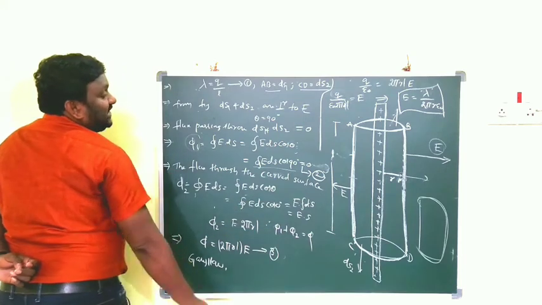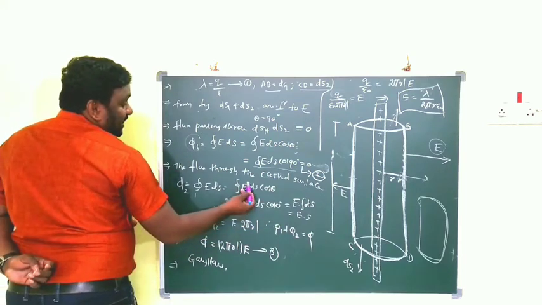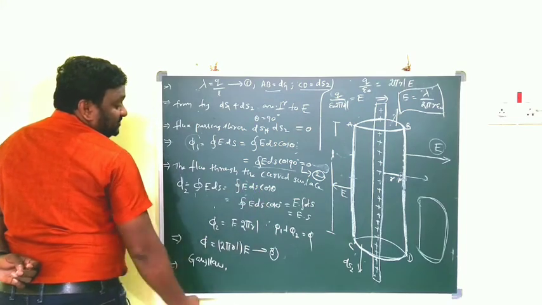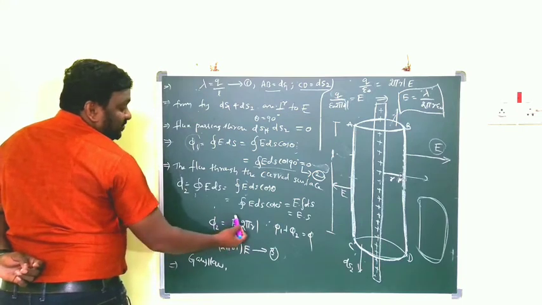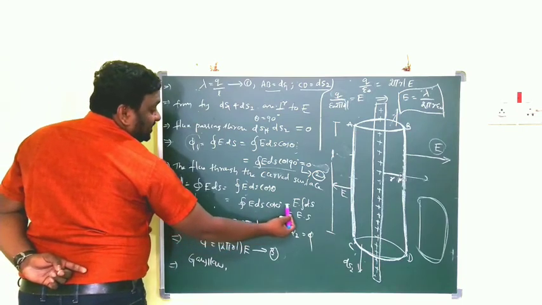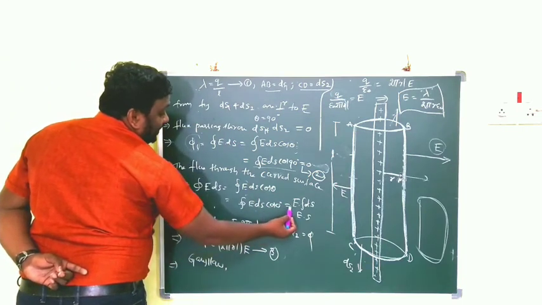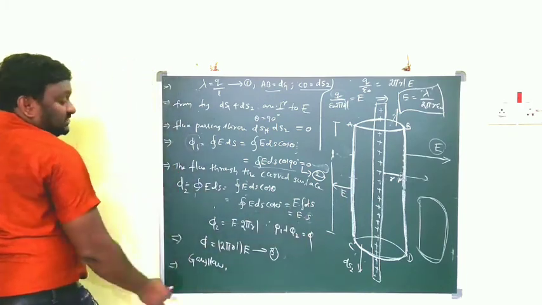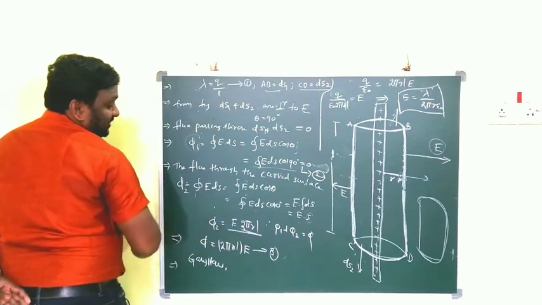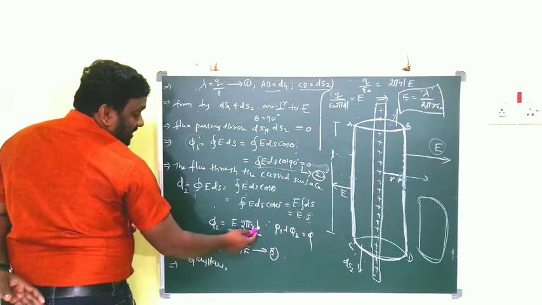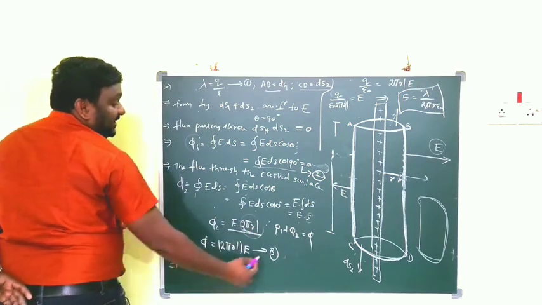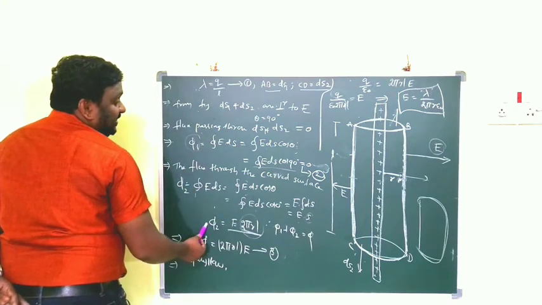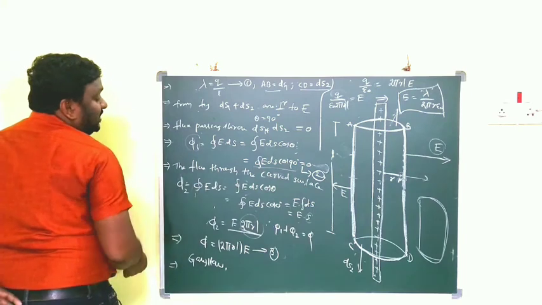Here E and ds are both in the same direction, so phi 2 is equal to the closed integral of E ds cos theta, where theta is 0. That's why we write E S. Here S is the surface area of the cylindrical surface, which is 2 pi R L.